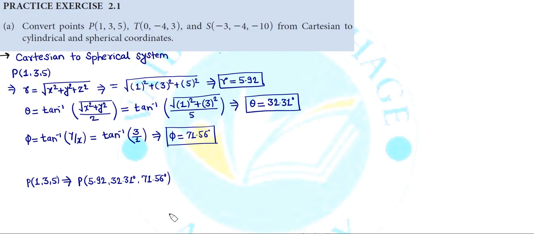So this is our answer for the conversion of that point P into your spherical system. Okay, so this is your final answer.